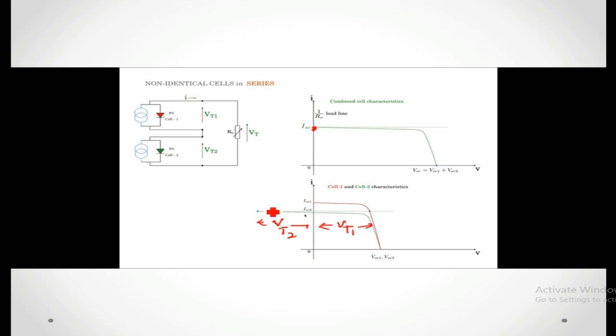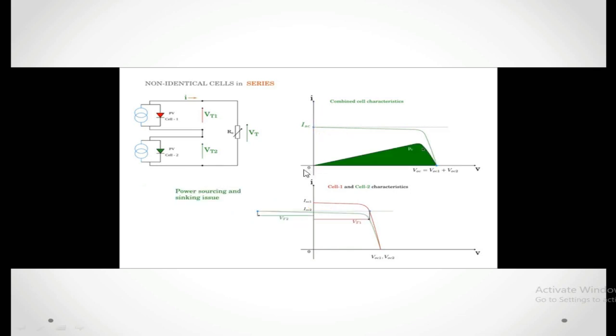That means VT1 is almost being subtracted with VT2, because VT1 equals VT2 in magnitude here, this one equal to this one. So VT2 is almost subtracted from VT1, and the net voltage has become 0 here. This is the effect of shading on series connected PV cells.